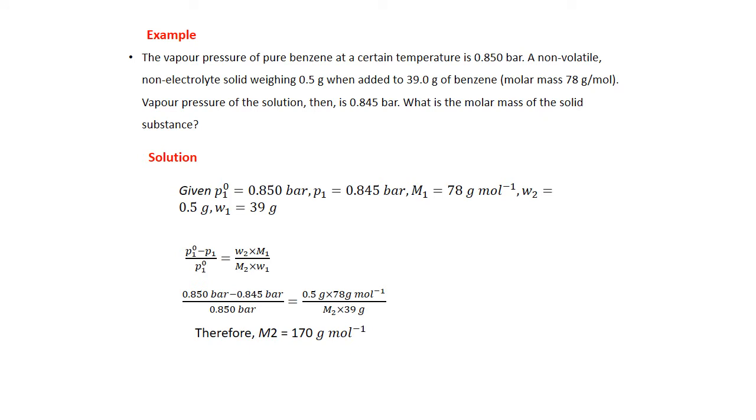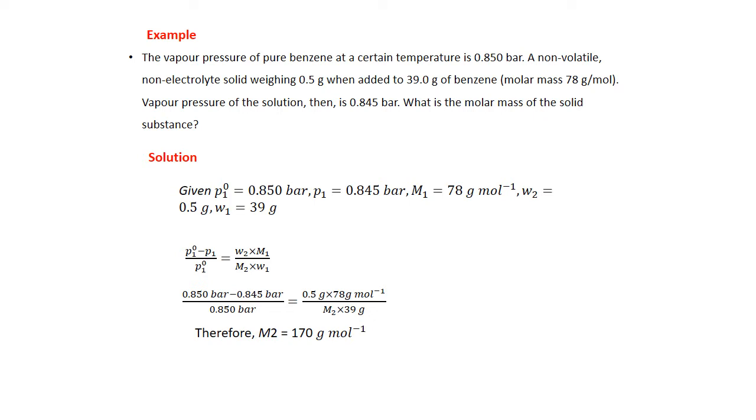Example: the vapor pressure of pure benzene at a certain temperature is given. A non-volatile electrolyte solid weighing 0.5 gram is added to 39 gram of benzene. Reading this numerical, we will find out what is given. We are given P1 naught as 0.850 bar, P1 is equal to 0.845, meaning it is the vapor pressure in solution.